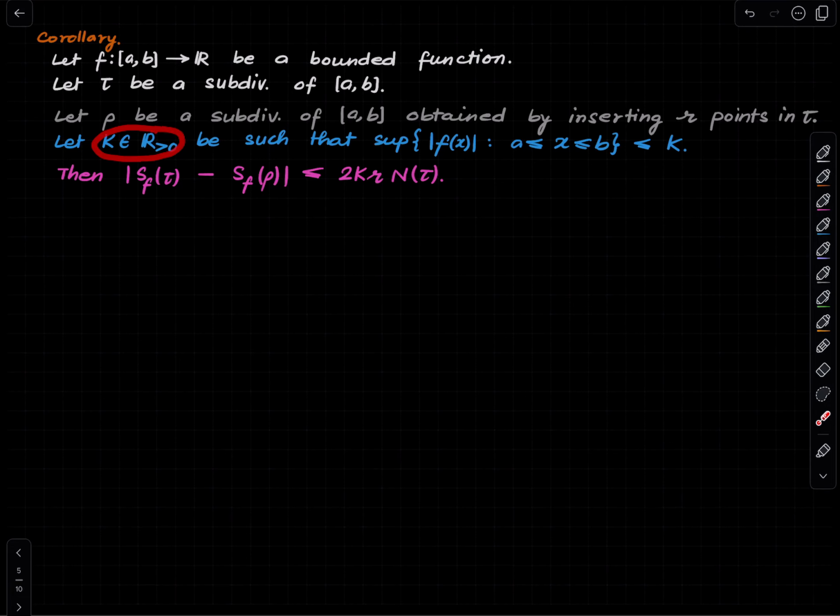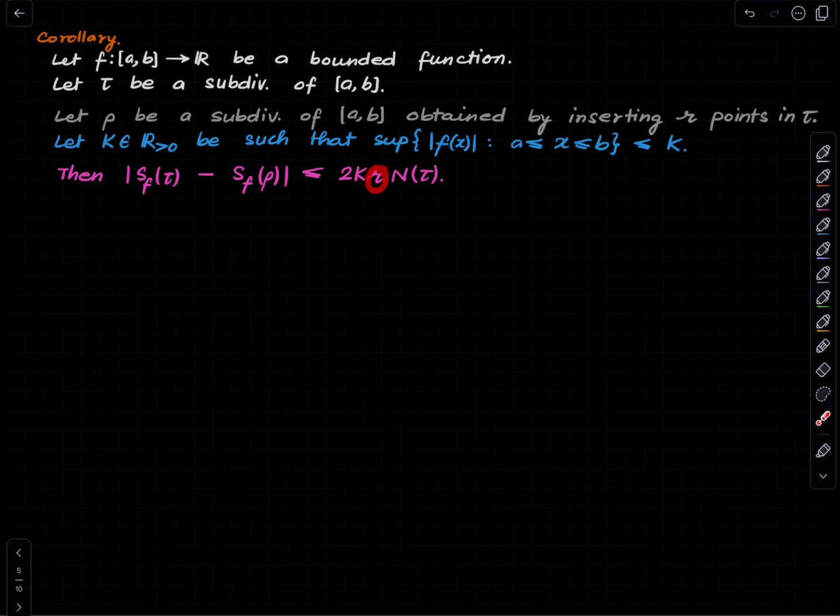Again, k is this bound that we have on the supremum of all the values that the absolute value of f takes. Then we can say that the difference between the upper sums corresponding to the two subdivisions, tau and rho, where rho is a finer version of tau, is at most twice k into r times the norm of tau.